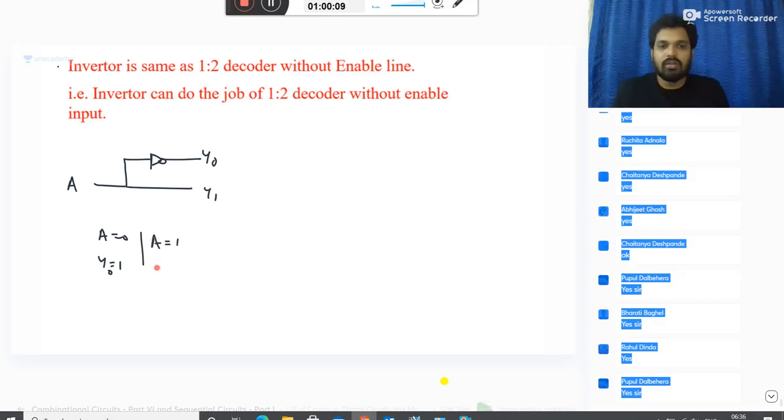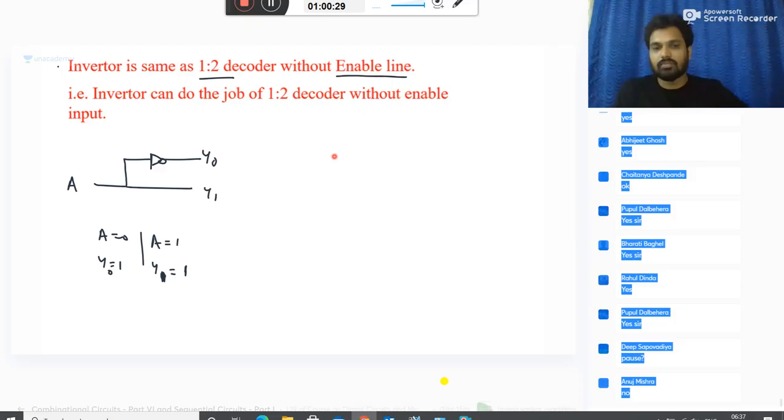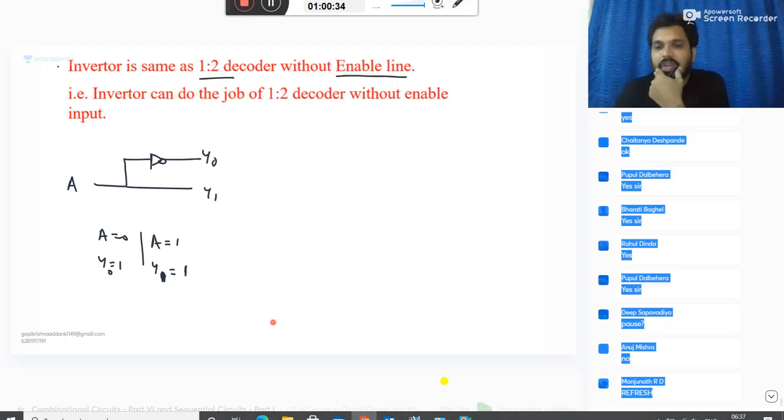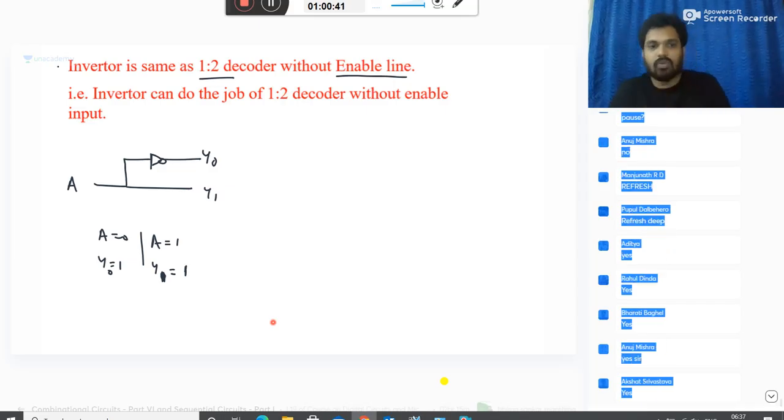When A is 1, y1 is equal to 1. So a simple inverter can work like a 1 to 2 decoder, but without enable. That's simply it: a 1 to 2 decoder is nothing but an inverter with extra AND gates. Is it okay, everybody? Very good. So let's move further.